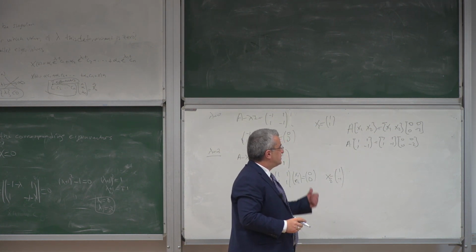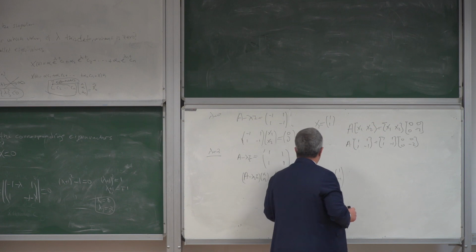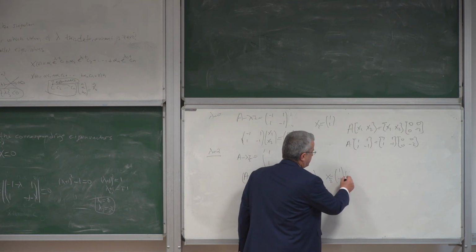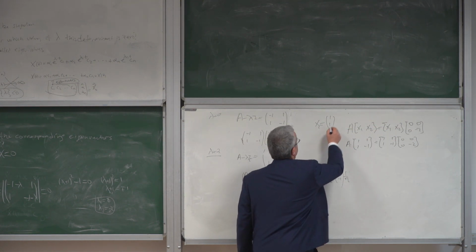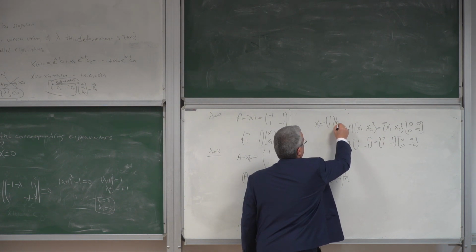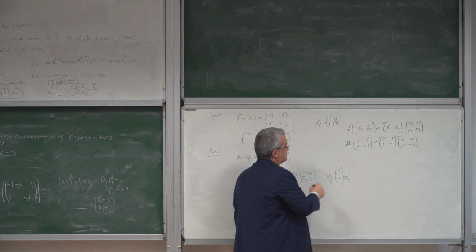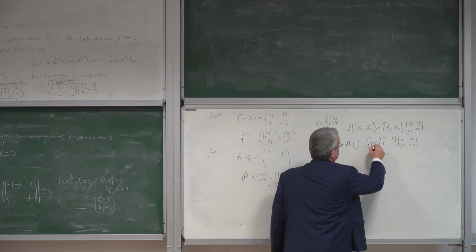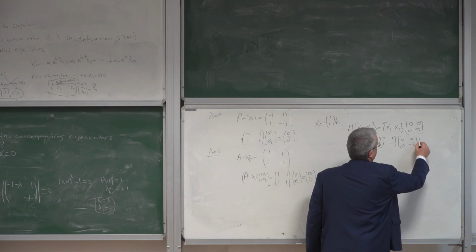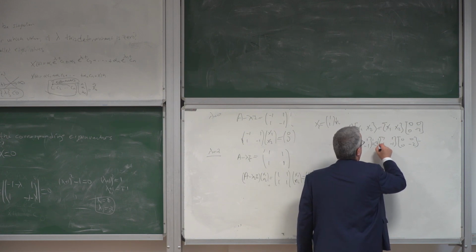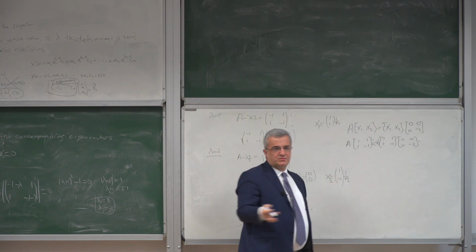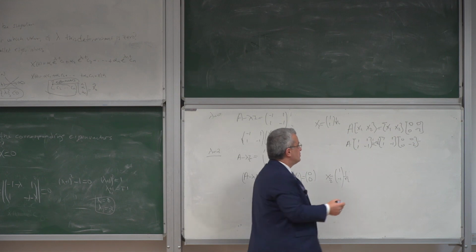As a matter of fact, if we scale this and make them orthonormal, and we should, then the columns are orthonormal. And then what do we know?